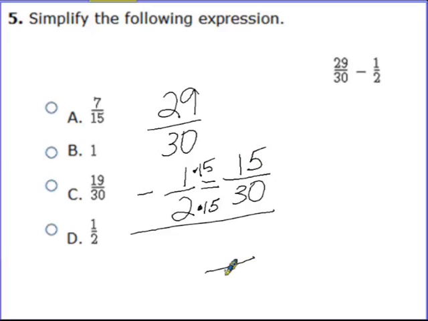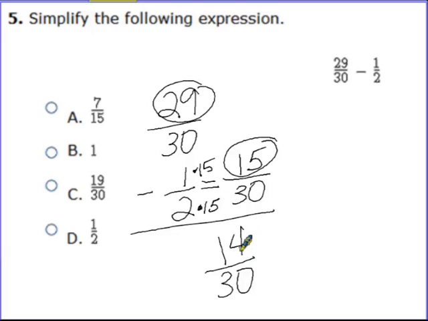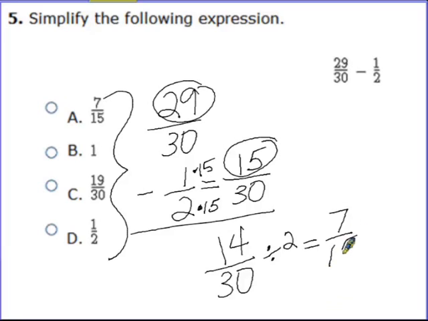Now I just keep my denominator and subtract my numerator. So 29 minus 15 gives me 14. Once again, we don't see our answer option here. None of these answers say 14 over 30, but I can very easily divide the numerator by 2 and my denominator by 2, and I get 7 over 15. There we go.